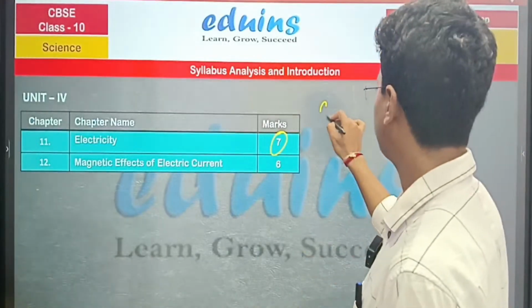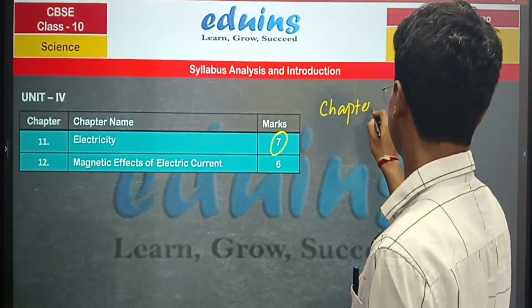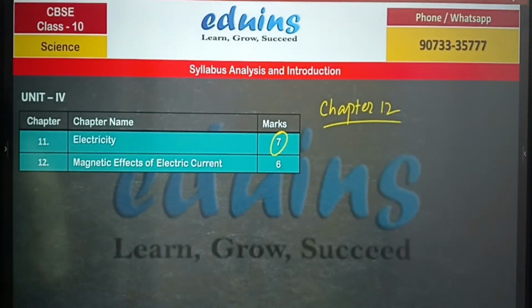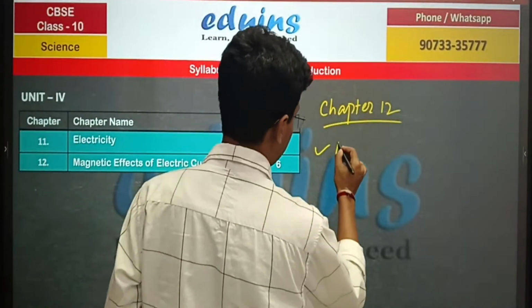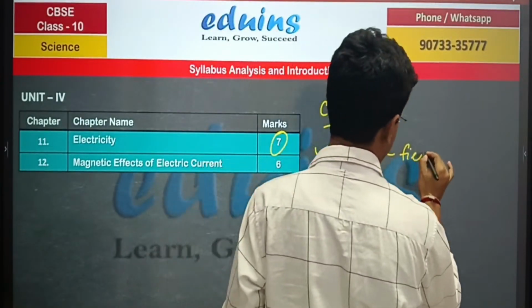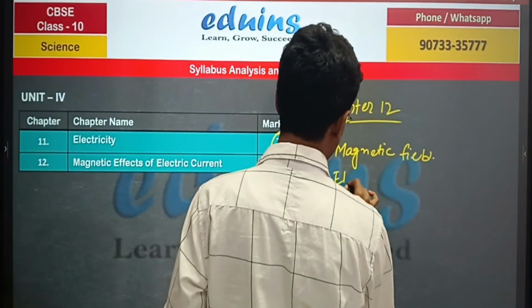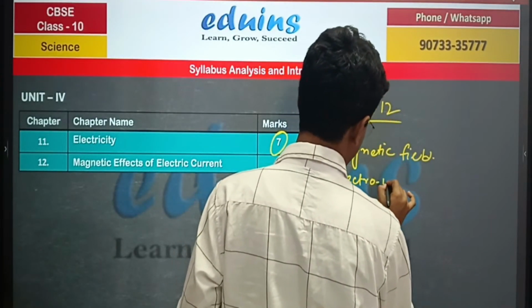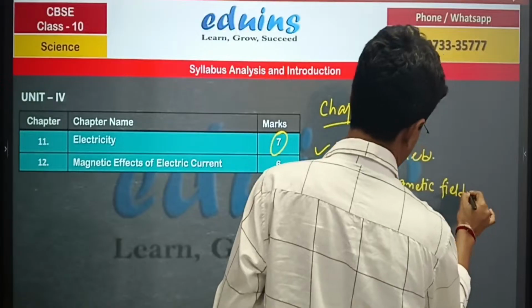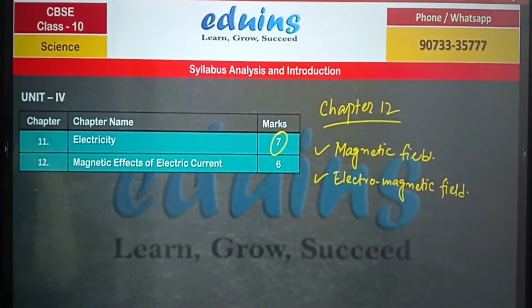And next is chapter 12. In chapter 12 we will study the magnetic field and the electromagnetic field. First magnetic field, next electromagnetic field, then we will study AC and DC current.